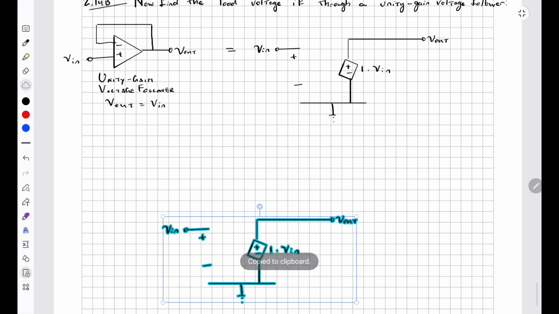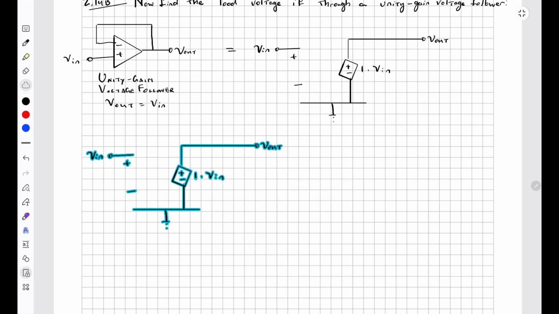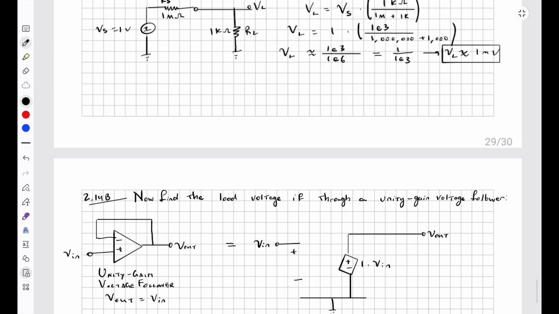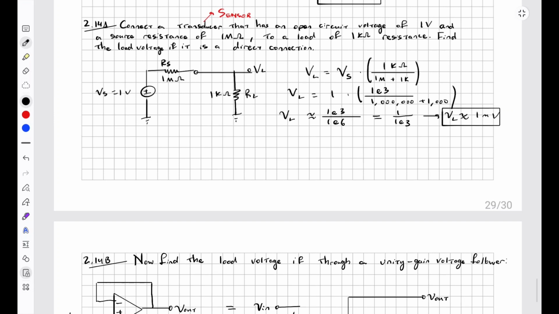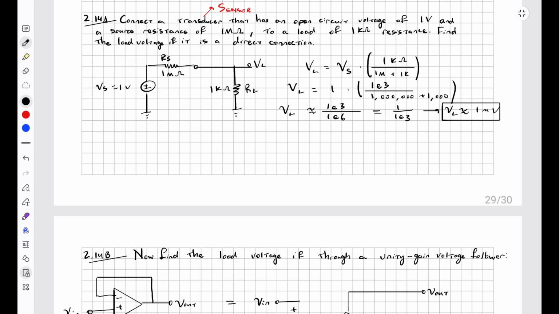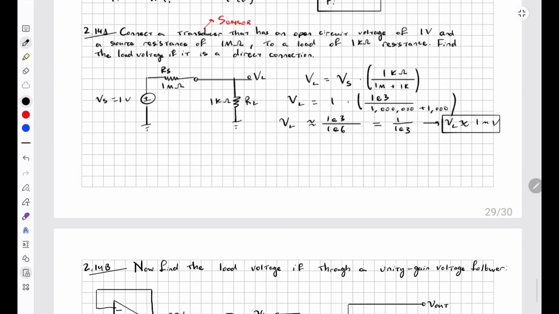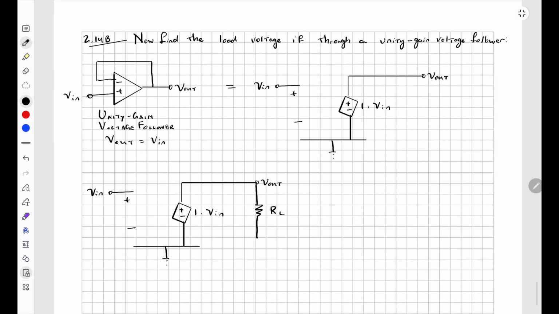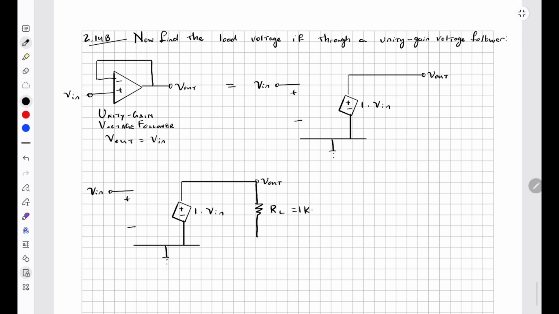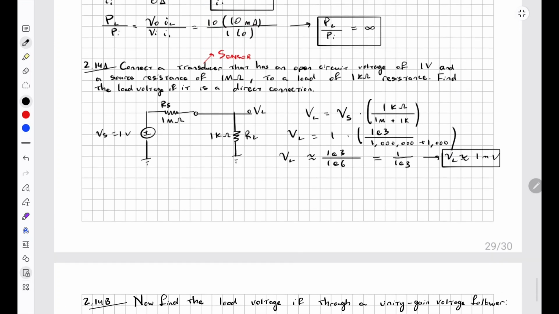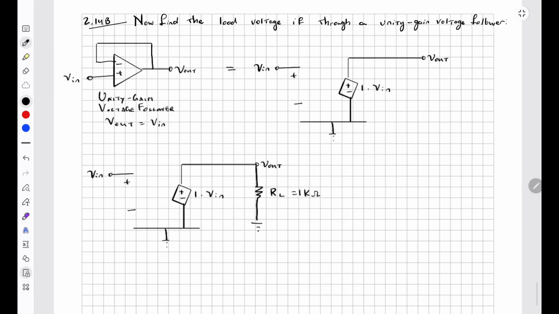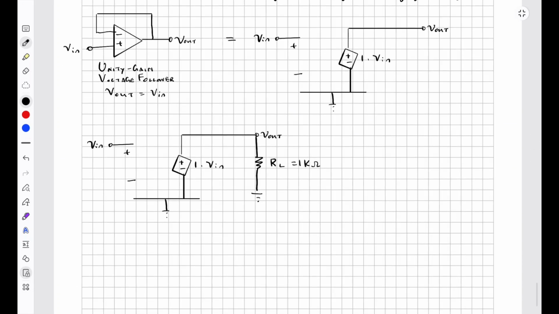I'm going to copy and paste it here, and now we attach our same load to the sensor. Remember, the load resistance was 1 kilohm, and the output is just connected to this new sensor that we have.